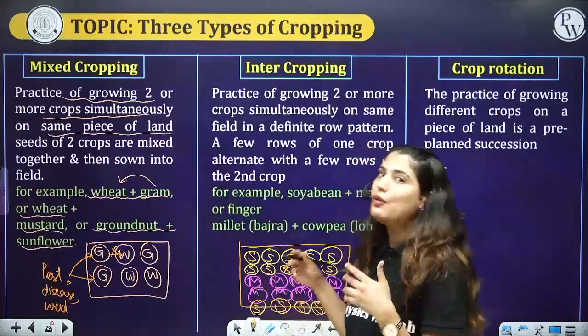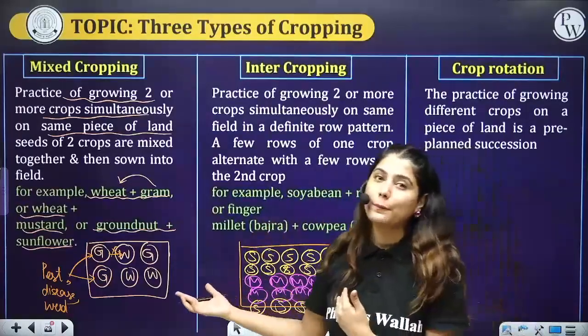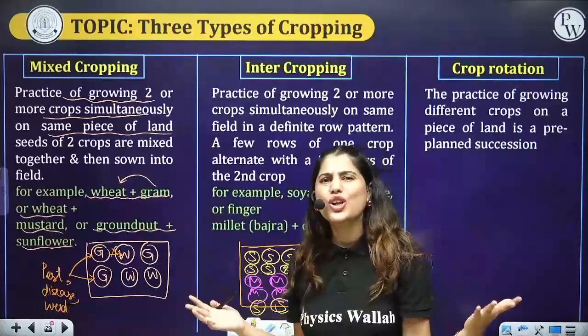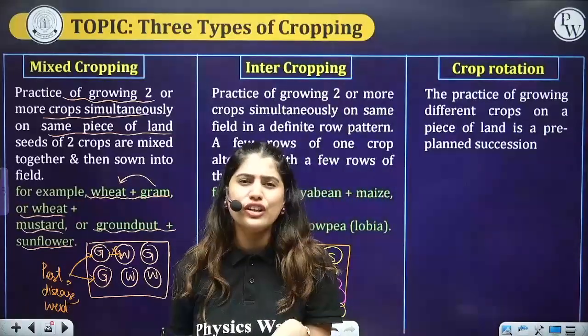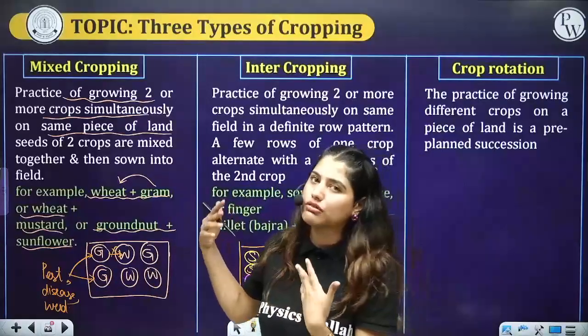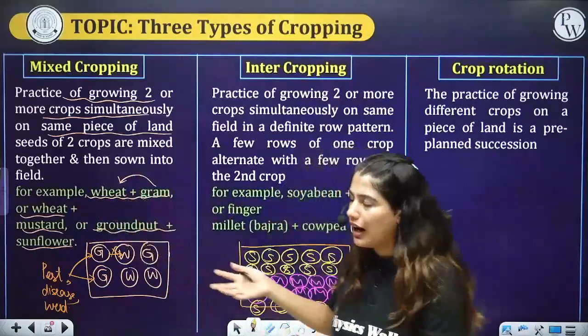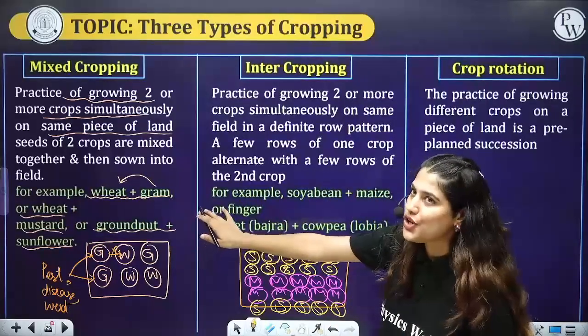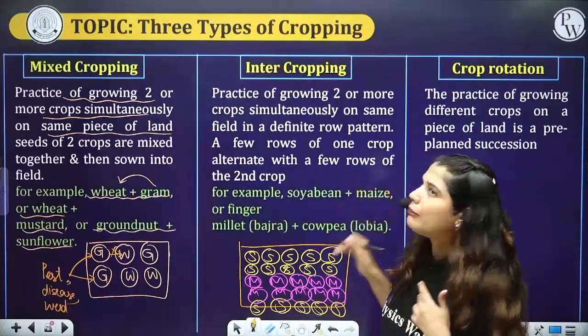Also, we can choose one leguminous and one non-leguminous crop, so that there is no competition. And we also need to supply less fertilizer, because obviously the leguminous plant will be providing those demands to the other plant, right? Could you think of any disadvantage of mixed cropping which is overcome in intercropping?